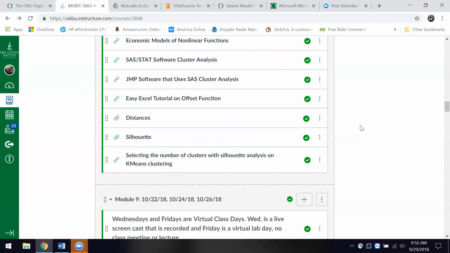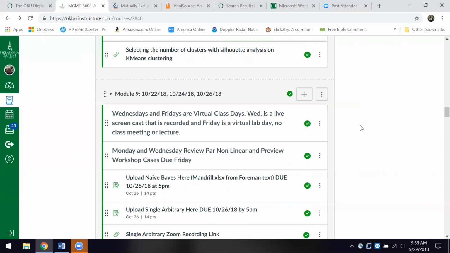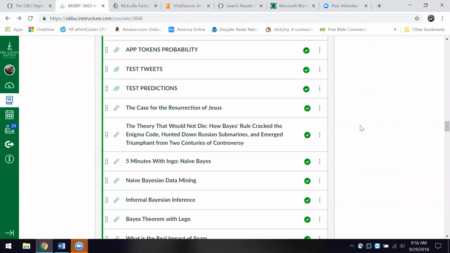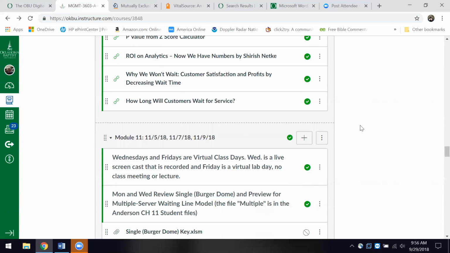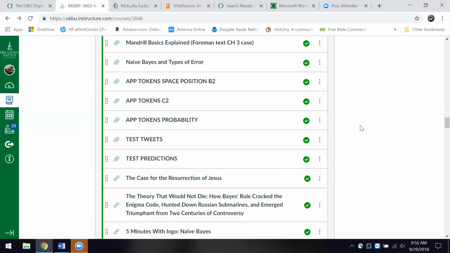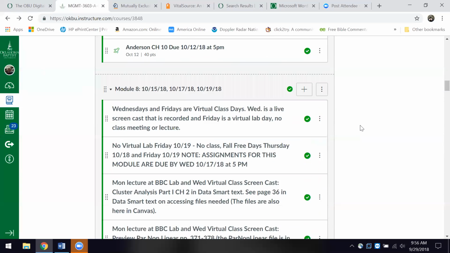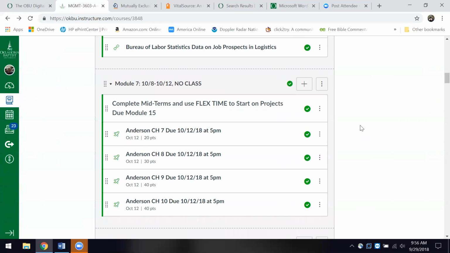Now, we're going to be coming down to a point where we're going to have Thanksgiving break, but that's all the way down here into November. But here's what I'm going to want you to do. You have 4 exams that week, but I'm going to give you some flex time to get started on the projects that are due in Module 15.